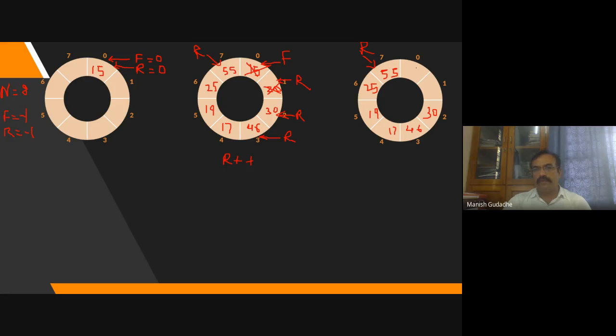If I am removing 15, the first element F will be pointing here. If I am removing 20, the second element F will be pointing here. So here also it is the same thing. We are doing F plus plus every time we delete one element. We increment R every time we insert one element. Every time we delete one element, we increment F. The same case which we have done in the past one.